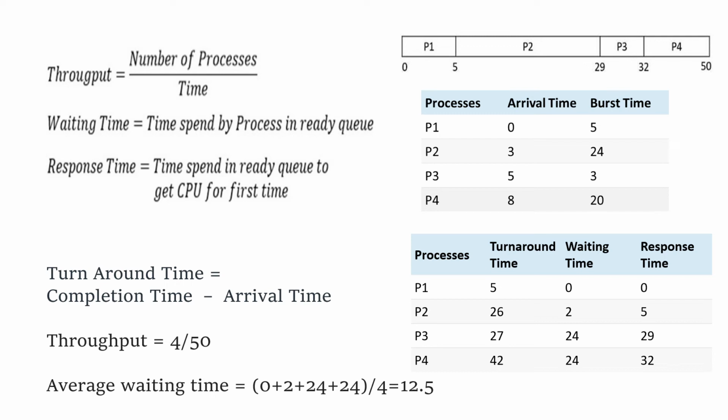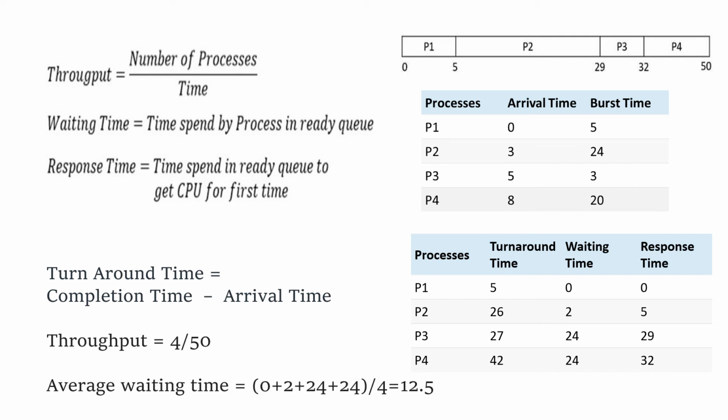Then for P2, its completion time is 29 and its arrival time is 3, so 29 minus 3 is 26. Then for P3 it is 32 minus its arrival time of 5, that is 27. Then for P4 its completion time is 50, 50 minus its arrival time of 8, that is 42. So we have calculated the turnaround time.